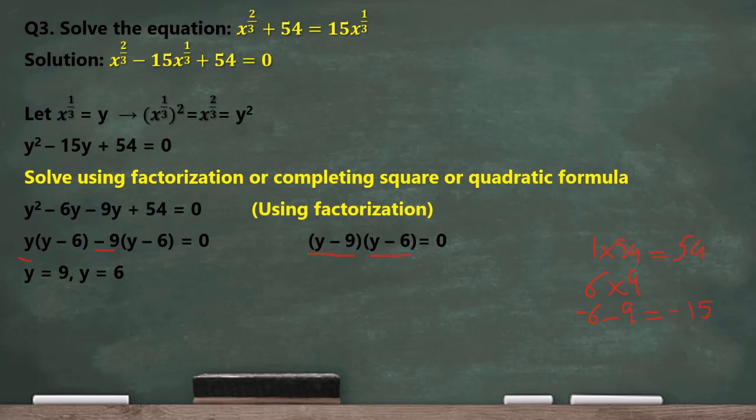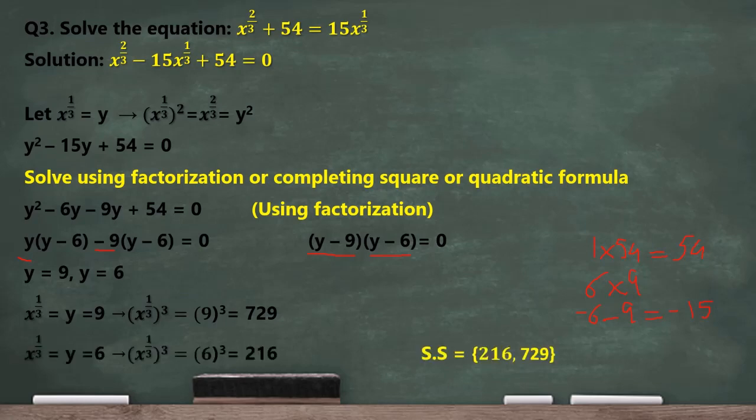So we supposed y equal to x raised to the power 1 upon 3. So x raised to the power 1 upon 3 equal to 9, and taking cube on both sides to find the value of x, we get x equal to 729.